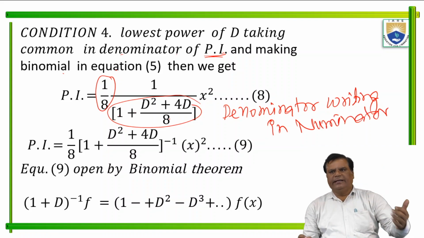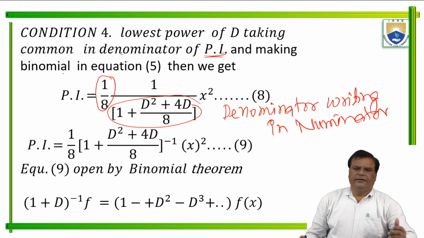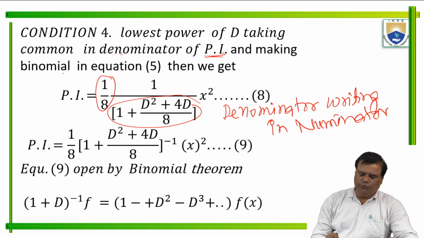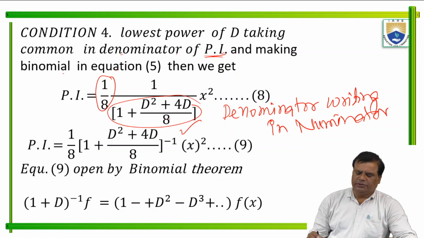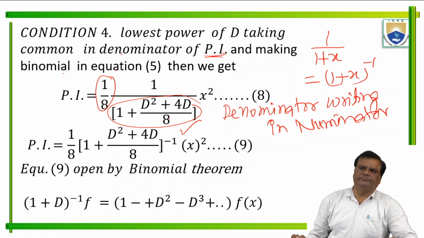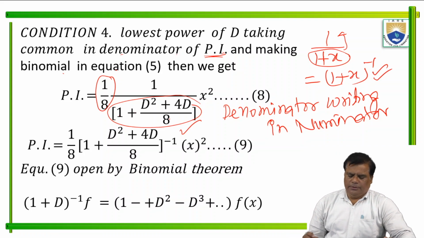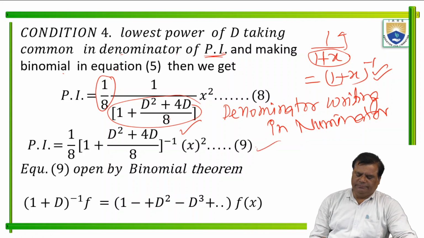Any denominator written in the numerator gives the inverse, so the whole to the power minus 1, I am writing here. Suppose 1 upon 1 plus x equals (1 plus x) to the power minus 1. This is the denominator; we write it in the numerator, then we get (1 plus x) to the power minus 1. So this is equation 9.